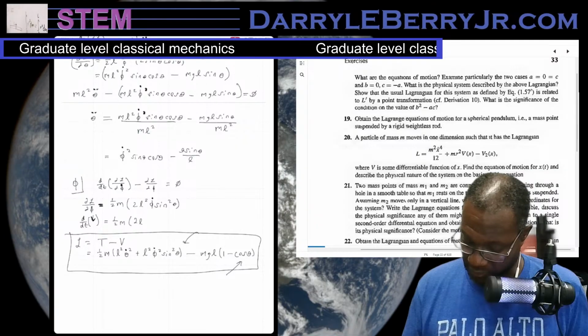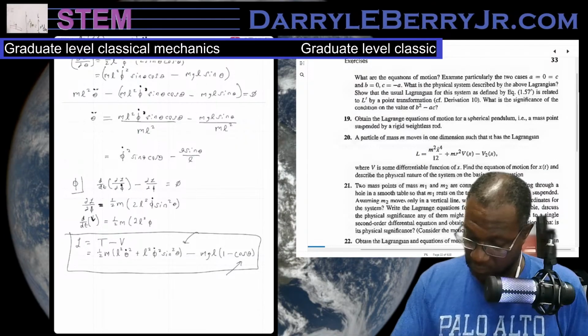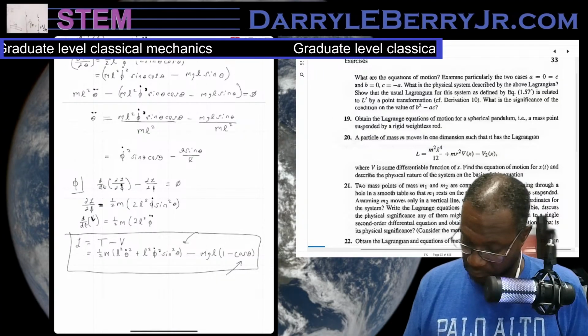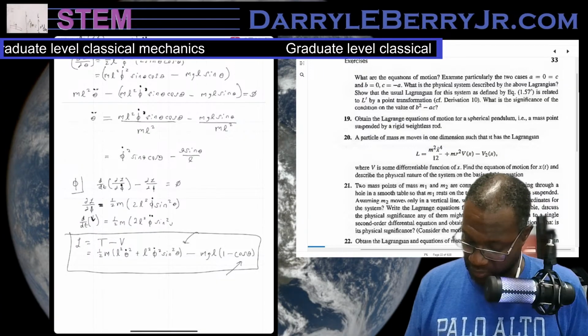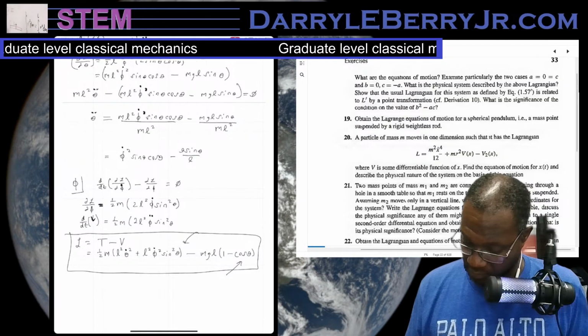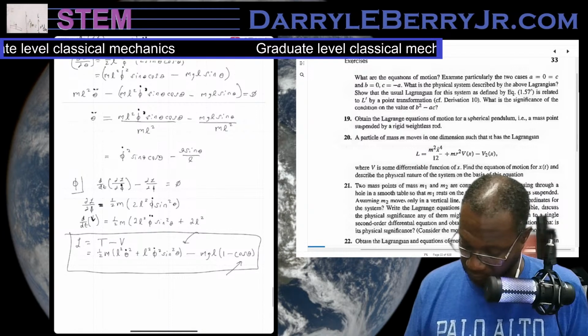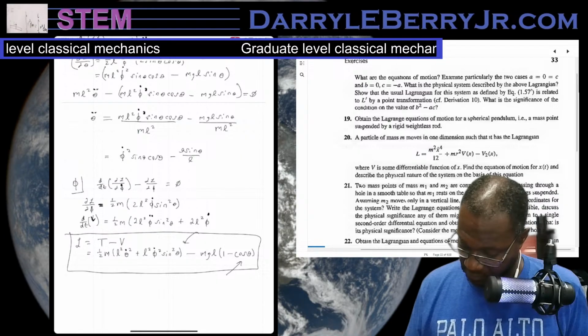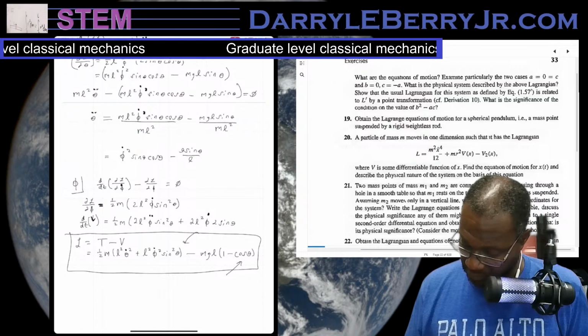I would say 2 L squared phi double dot sine squared theta plus 2 L squared phi dot 2 sine theta theta dot.